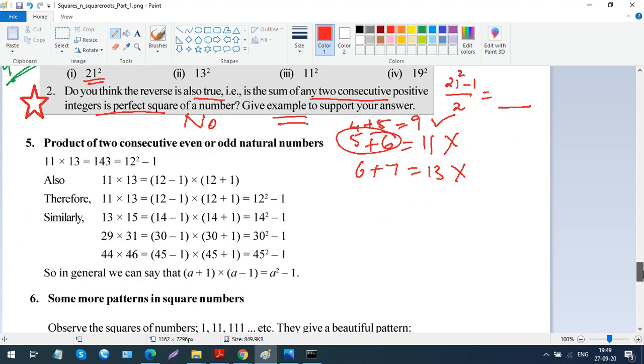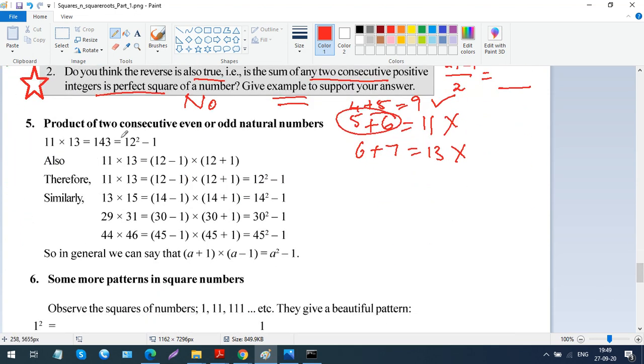Okay. Now let's come to the fifth property: product of two consecutive even or odd natural numbers. So if you have two odd numbers multiplied together or two even numbers multiplied together, how do you do this? See, 11 into 13 is there. So you take the number in between 11 and 13, which is 12.